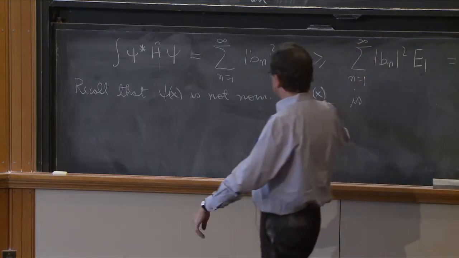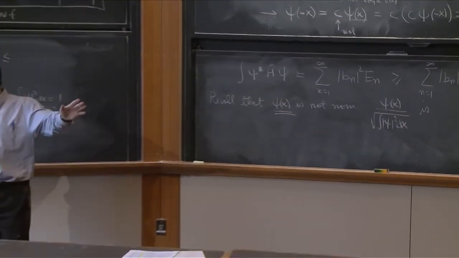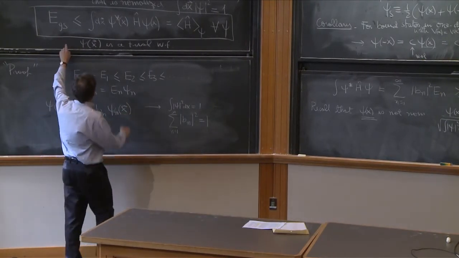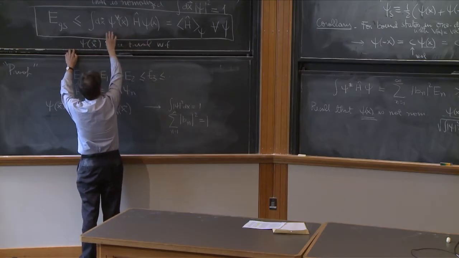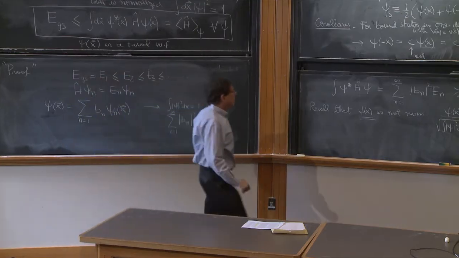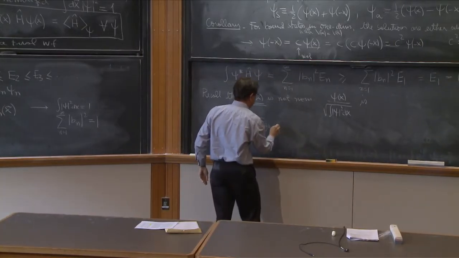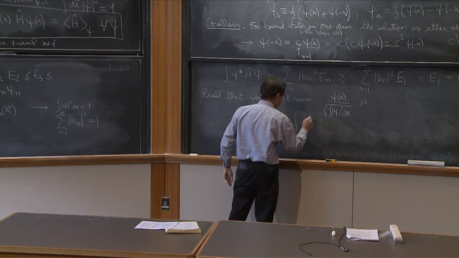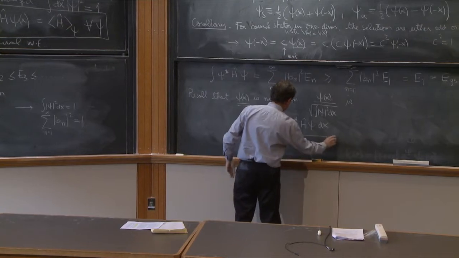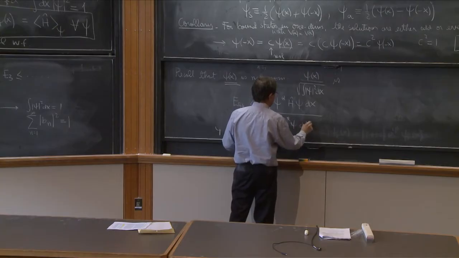Therefore, if you hand me an arbitrary psi of x that you didn't even bother to normalize, then when I plug it into this formula, which is supposed to be normalized, I plug the second expression there. So I get that E_GS is less than or equal to the integral of psi star H psi dx over the integral of psi star psi dx.